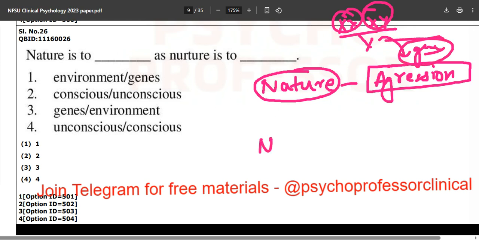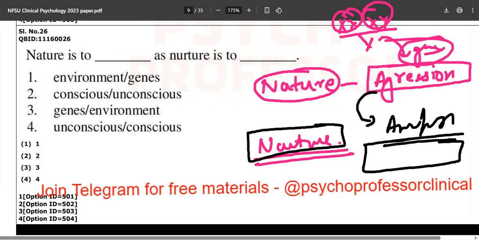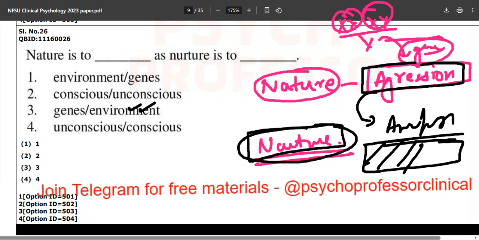And now, what is nurture? Nurture is you were sent to America or USA or Russia or anywhere else where you got no environment of this aggression and all those things. Now you are too calm, too composed. Why? Because only of the nurture. So what is the correct answer?